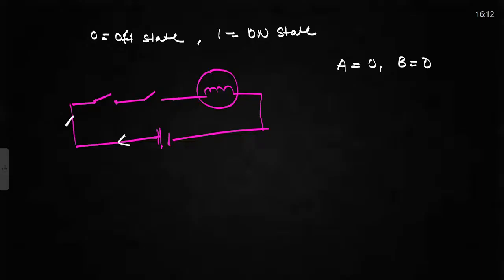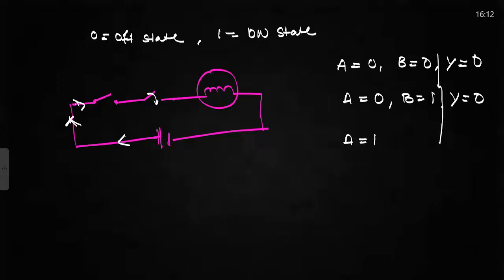Then there will be no flow here, so my bulb will not glow, so my output will also be 0. If I am taking A is equal to 0 and B is equal to 1, I am closing this one, but my current will not flow here. So my output will be 0.